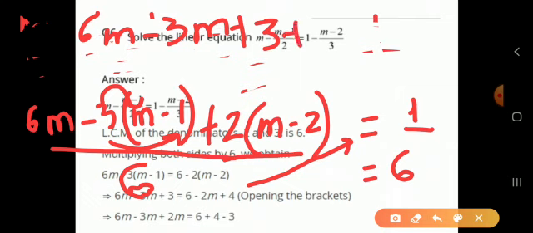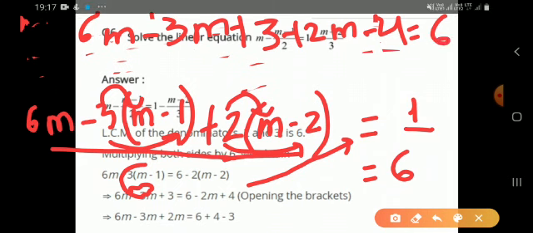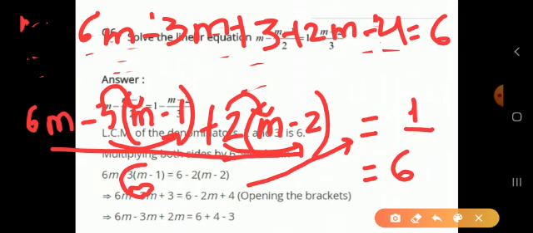Similarly 2 into m will be 2m, minus sign, 2 into 2 will be 4, minus 4, equal to the right hand side, where we have multiplied 1 into 6, that is 6. So 6m minus 3m plus 3 plus 2m minus 4.